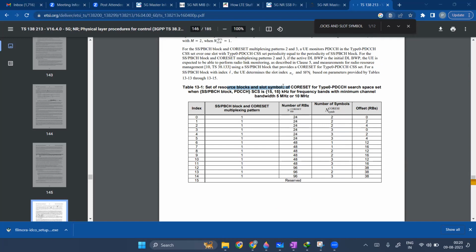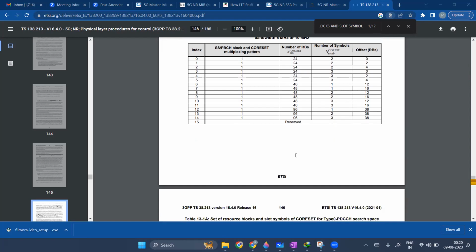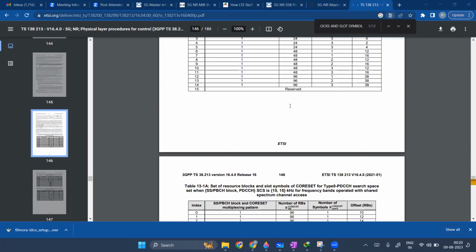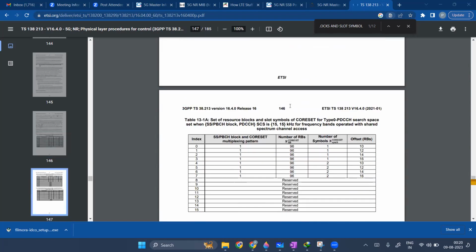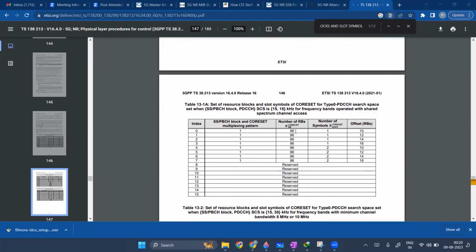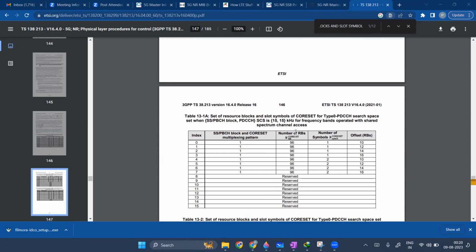How are these tables differentiated? They are differentiated on the basis of the SSB, PBCH block and PDCCH subcarrier spacing. If it is 15, and the second thing is whether the minimum channel bandwidth is 5 megahertz or 10 megahertz. Similarly, you have 13-2 where both the SCS are 15, but the minimum channel bandwidth is different.